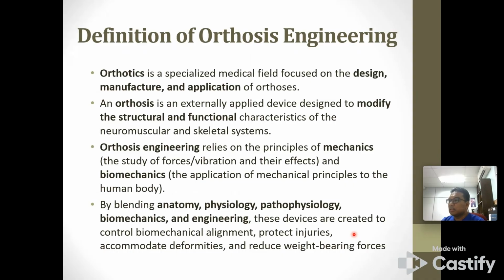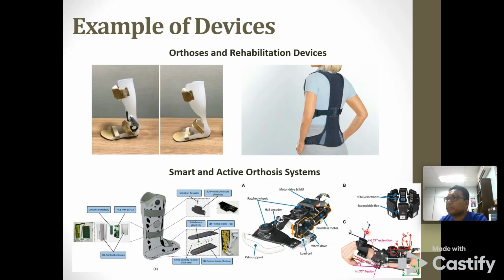Of course, it also protects against injuries before they happen, accommodates deformities, and reduces weight-bearing forces. So these are the kinds of applications that we can use in orthosis engineering.